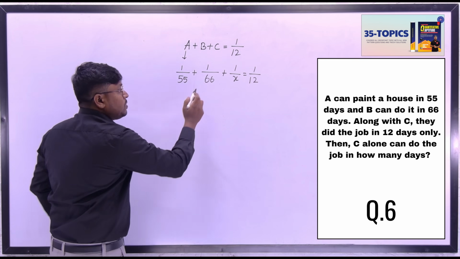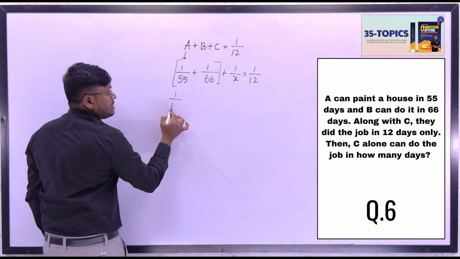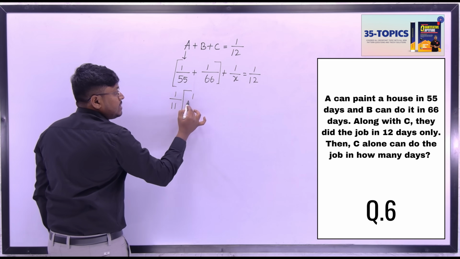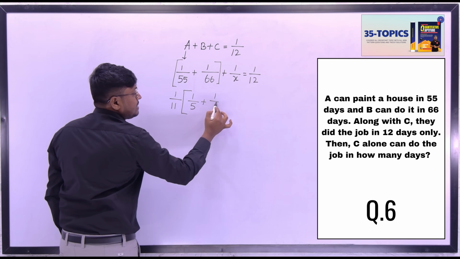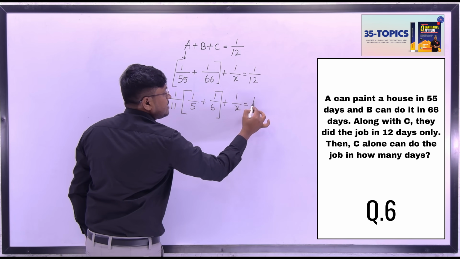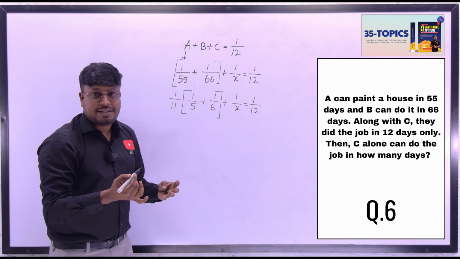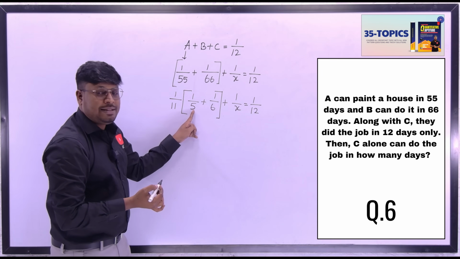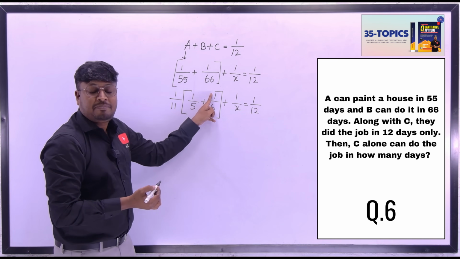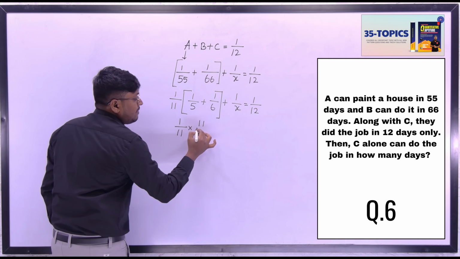So for these two numbers alone, I will take 11 outside. If I take 11 outside, so 1 by 5 plus 1 by 6. Now taking an LCM, the remaining value remains as it is. Now our target is to find the LCM fast. So 6 and 5 will be 30. Numerator 6 plus 5 will be 11. So finally we got 1 by 11 into 11 by 30.